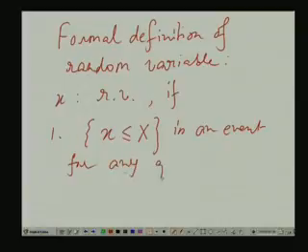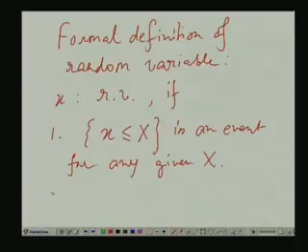Important is any given x, means you give me any number x and then you find out the outcomes of S for which the random variable takes value less than or equal to capital X. Clearly, this should be an event, that is, we should really be able to find out such outcomes. So, this must be an event.